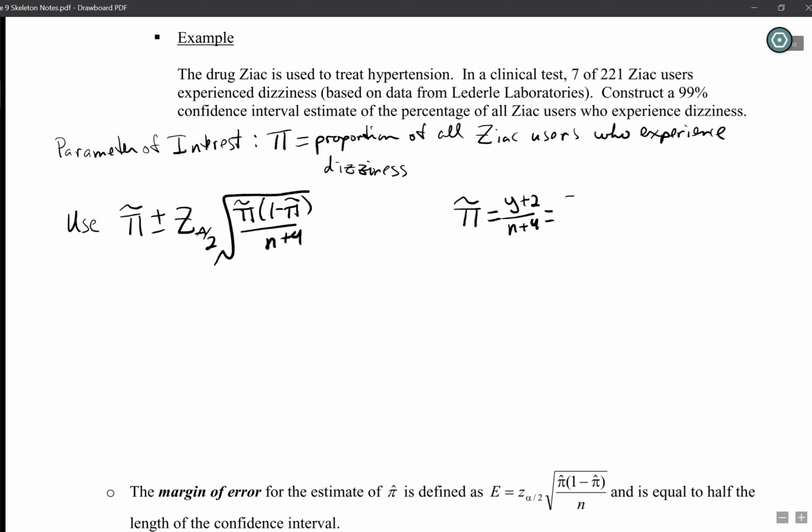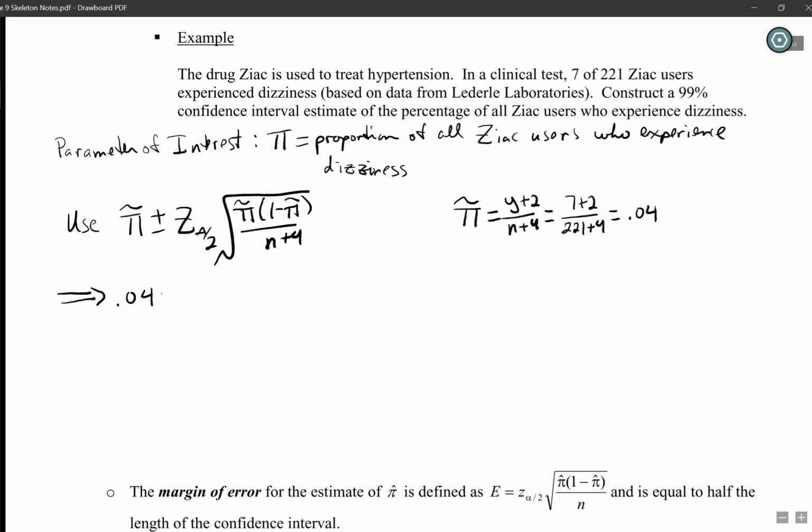Here y is 7 and n is 221. If you do the arithmetic there, you should get 0.04. It's actually exact there at 0.04. So that's my pi tilde. In a sense, that's another estimator for pi, and I'm going to use that in this formula.